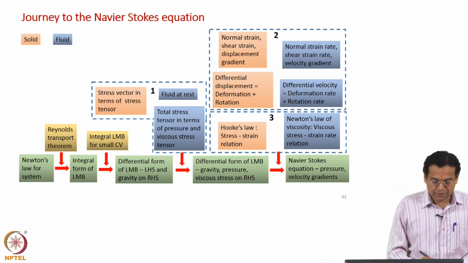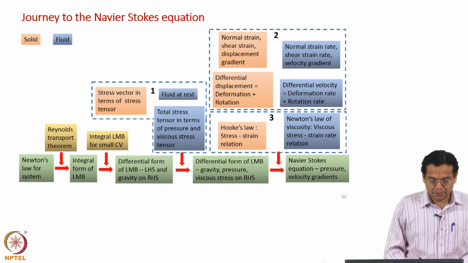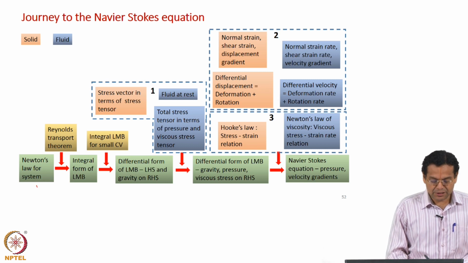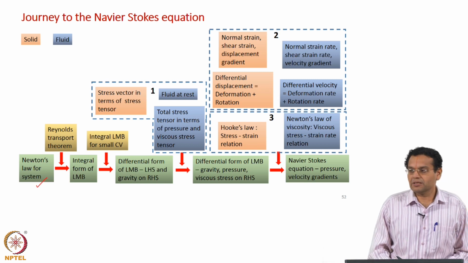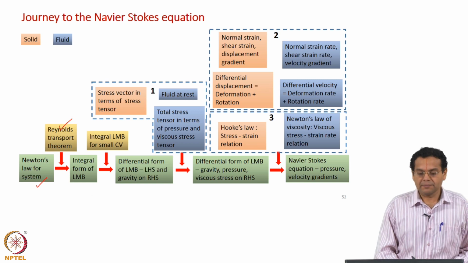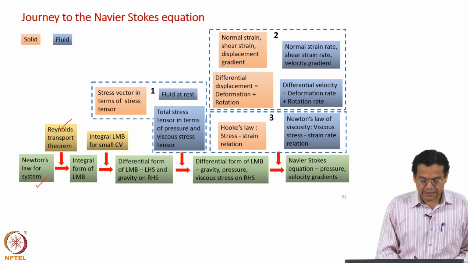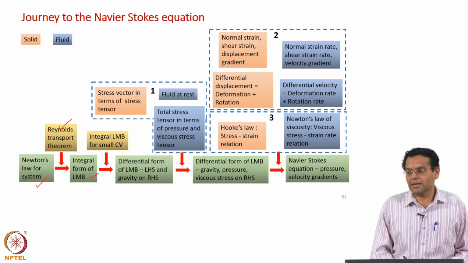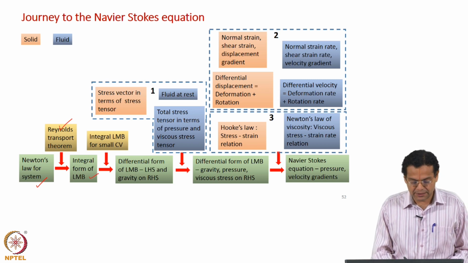Okay. Some of the steps should be familiar to you. We started with Newton's second law of motion for the system. We applied the Reynolds transport theorem and then derived the integral form of linear momentum balance. LMB stands for linear momentum balance.